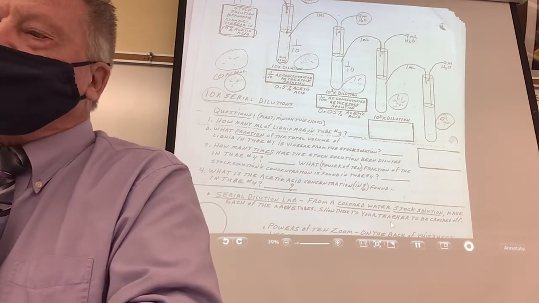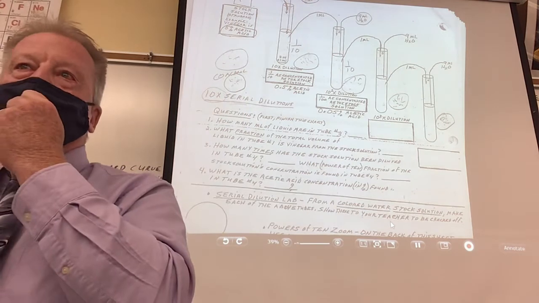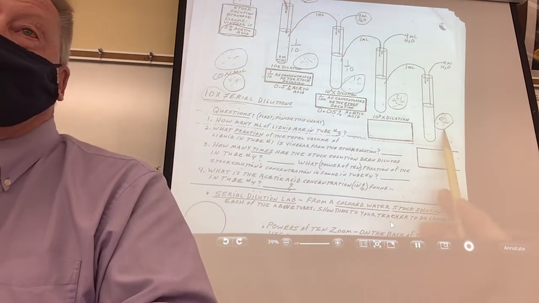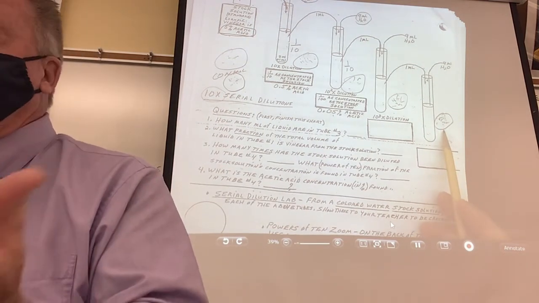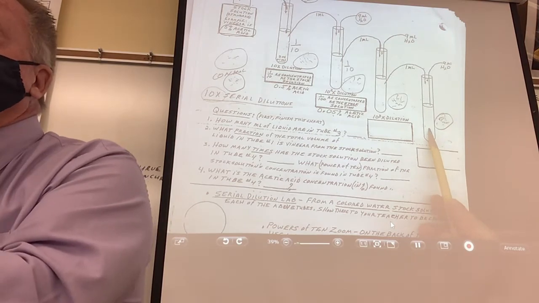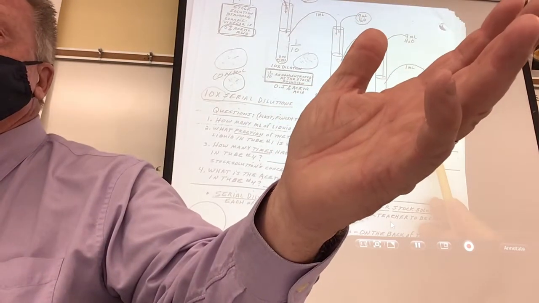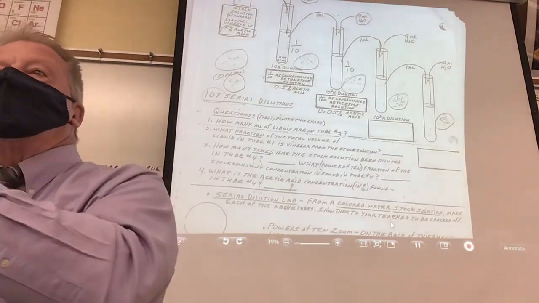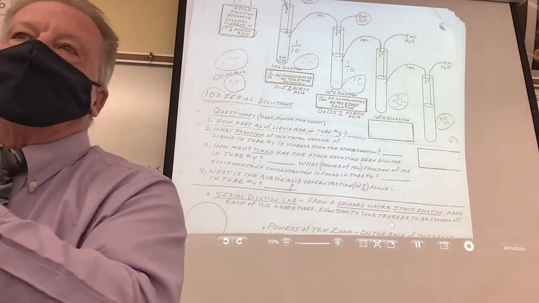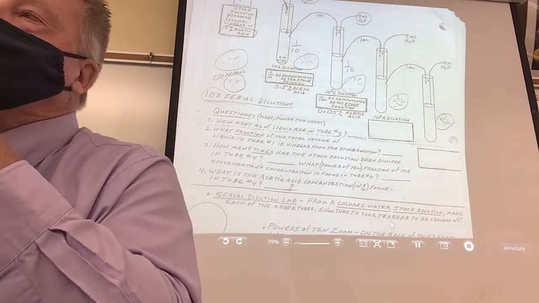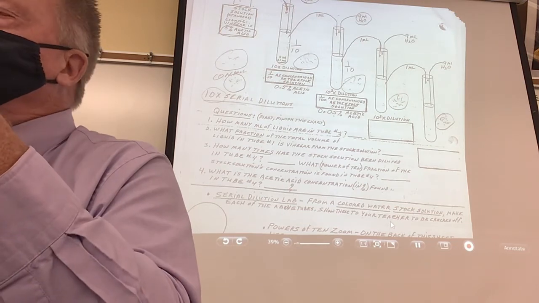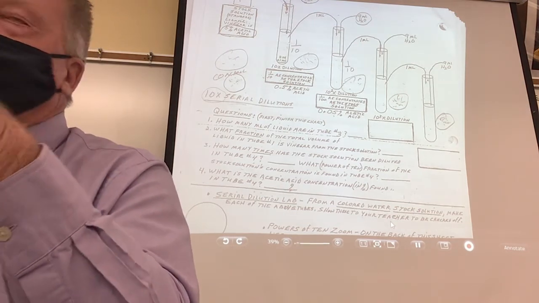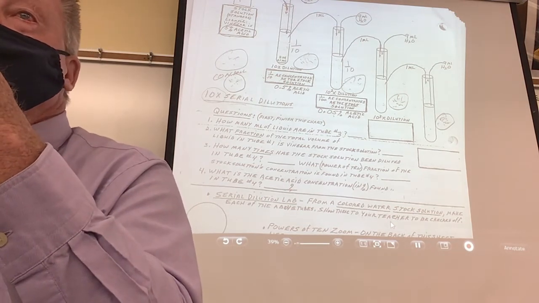So anyway, what if the control shows about 18 seeds germinating and we got 18 here? What would you say? Well, then this level of acid is okay for the environment. And who does that? What big federal organization has to do with how much you can allow, how much lead can be in the water, how much, what is it?